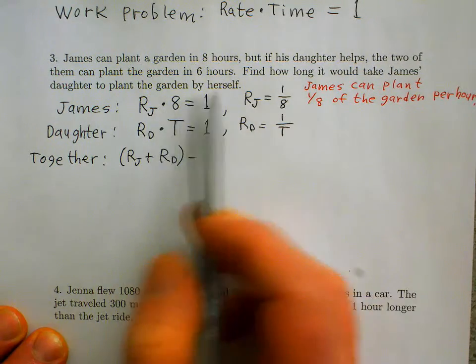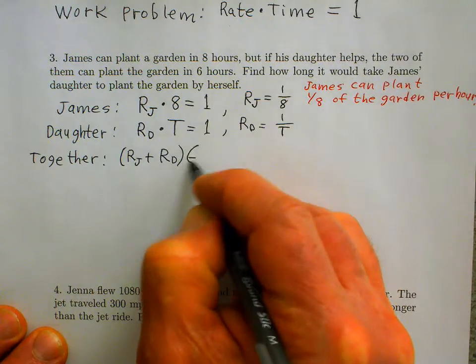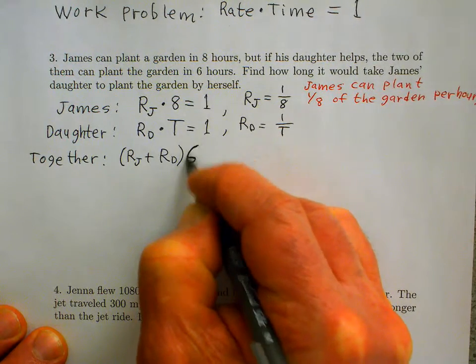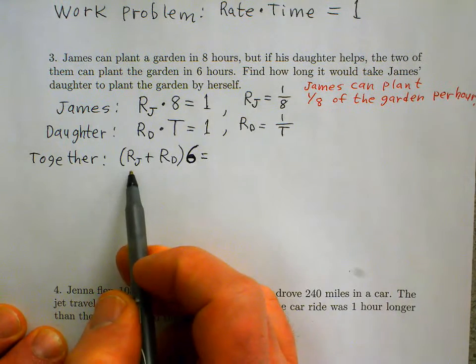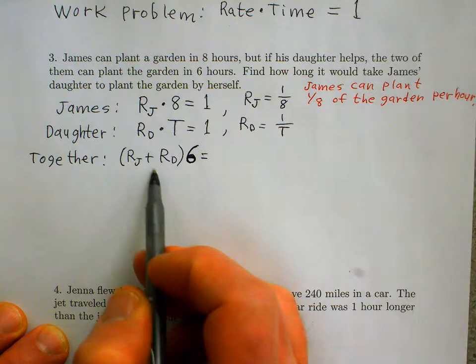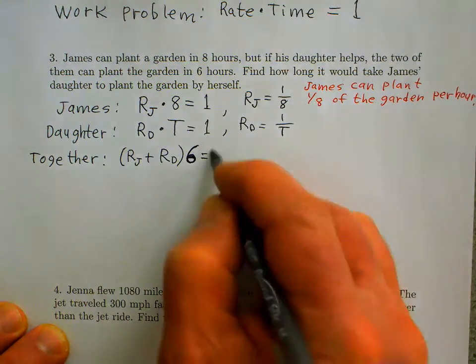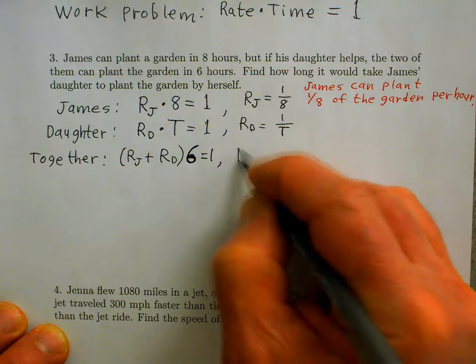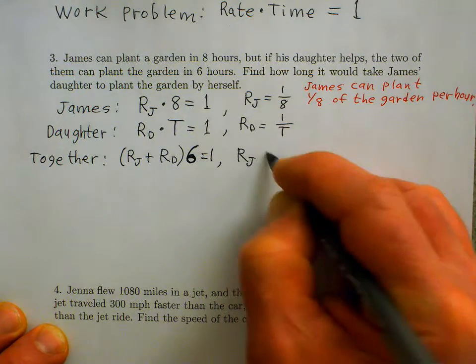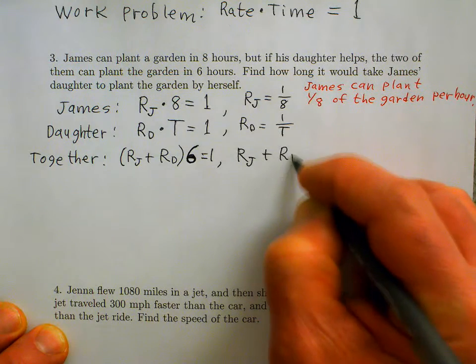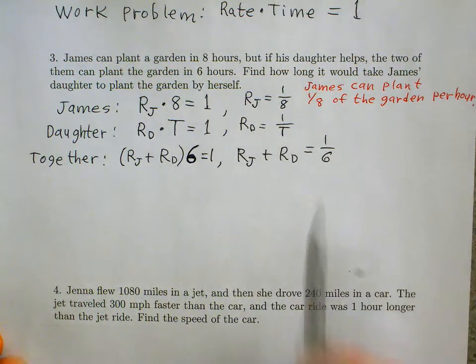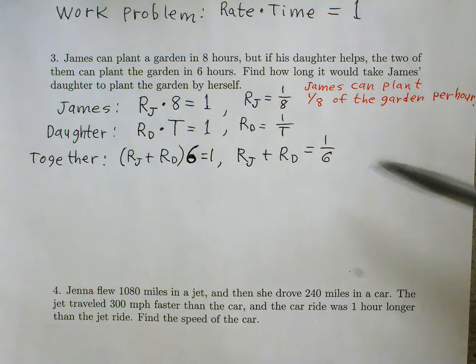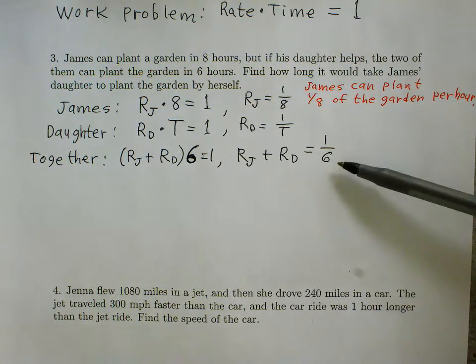And we're told that when they work together, they can plant the garden in 6 hours. So James's rate plus the daughter's rate times 6 equals 1. So that means James's rate plus the daughter's rate is 1/6. So in other words, when they work together, they can plant 1/6 of the garden per hour.